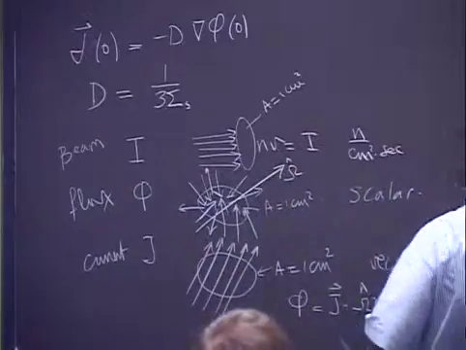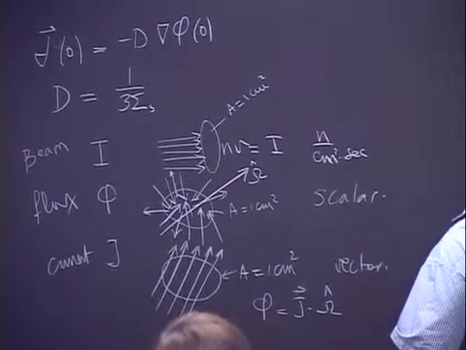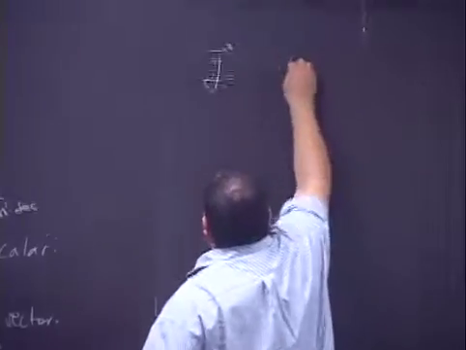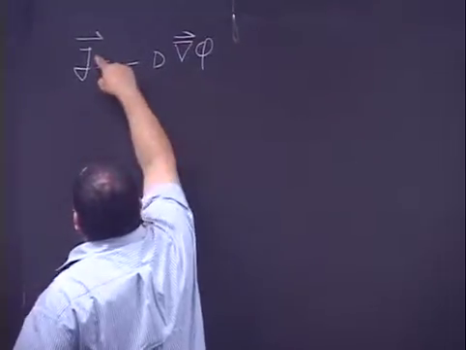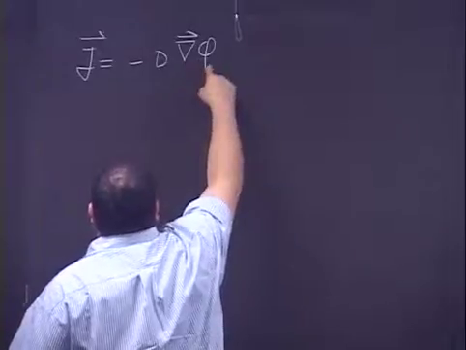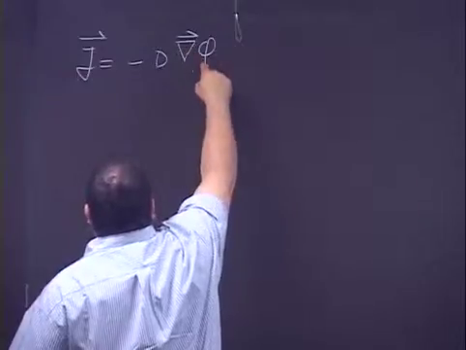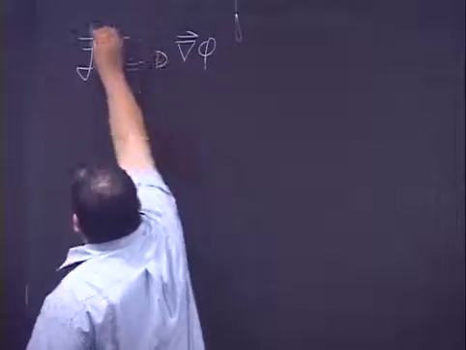So usually we can write the current as equal to negative D grad phi. And current is a vector. The gradient operator acting on a scalar flux gives a vector, and this is a scalar quantity.